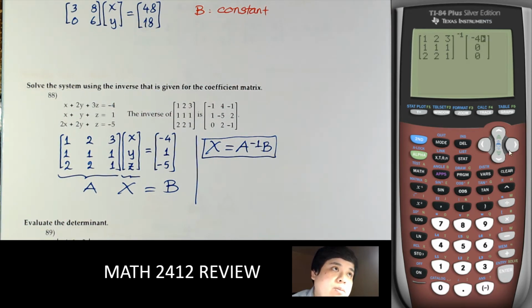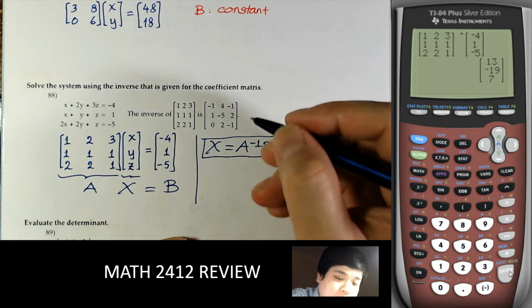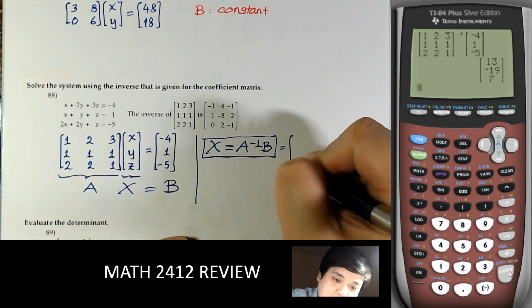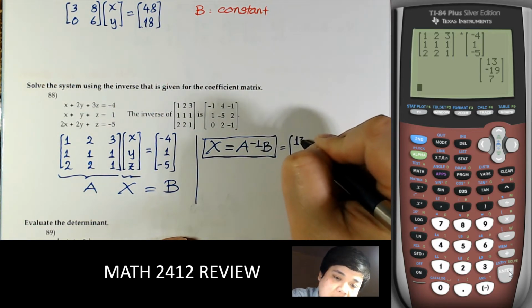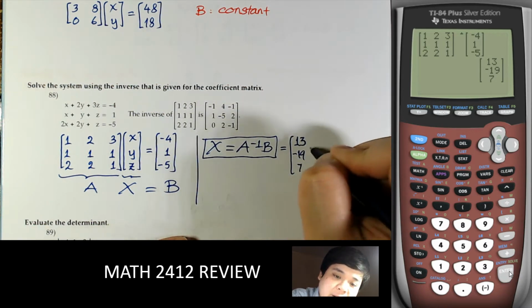-4, 1, and -5. Right, so we just have -13, -19, and 7.